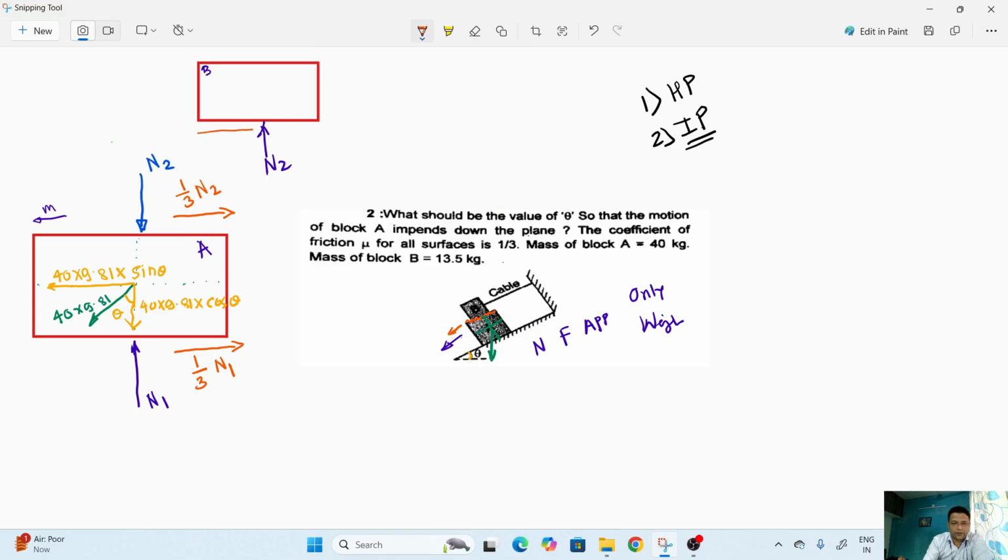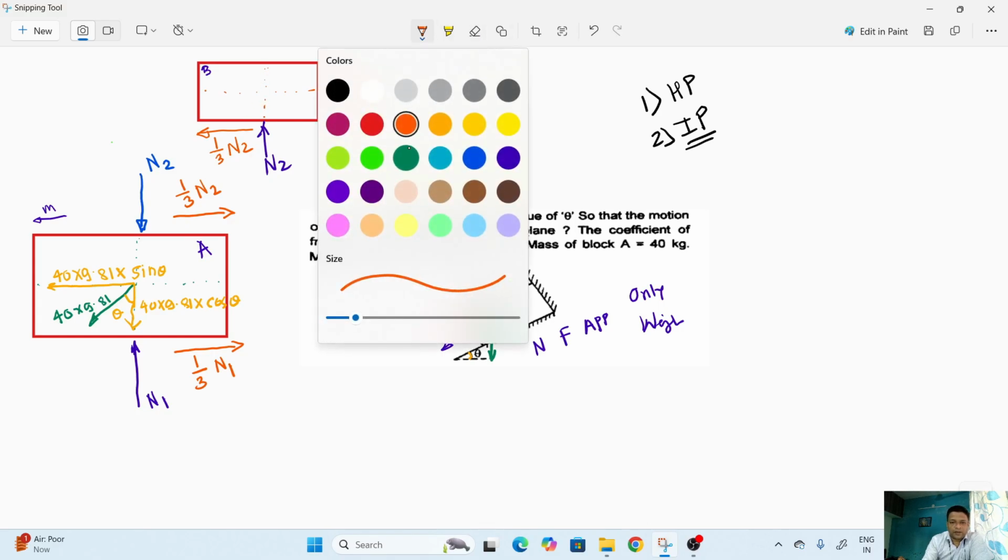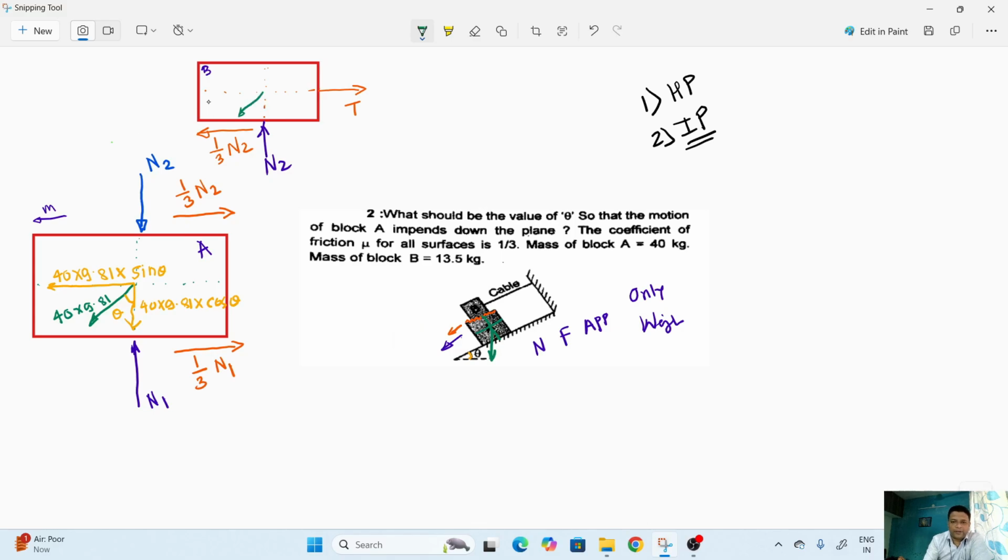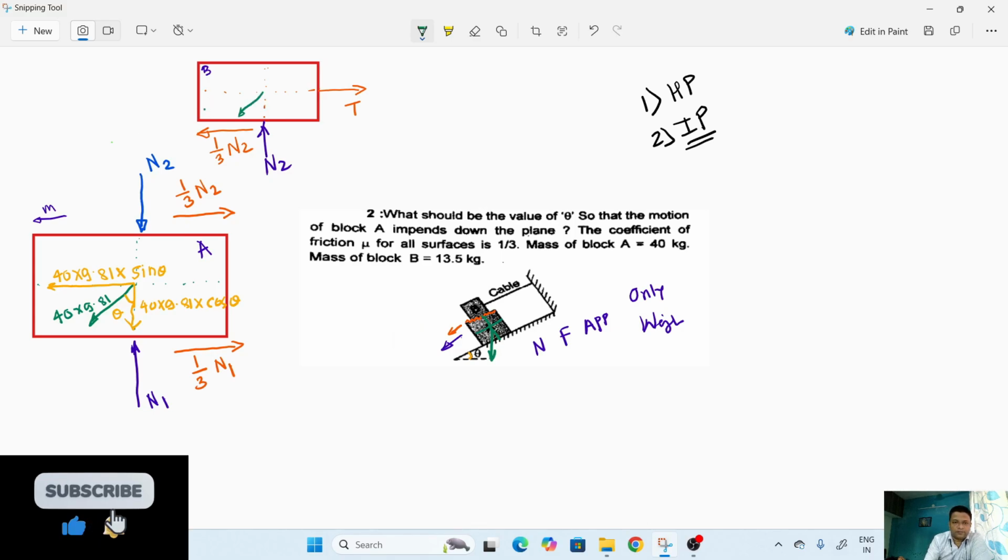So the friction force will be 1/3 N2. Then there is a cable connected here, so we'll show the tension force here. Similar to this, we'll show the weight force. Draw the coordinate system. Similar to this weight, it will lie in the third quadrant. The value of the weight force is 13.5 kg, as given, multiplied by 9.81, and this angle is theta.